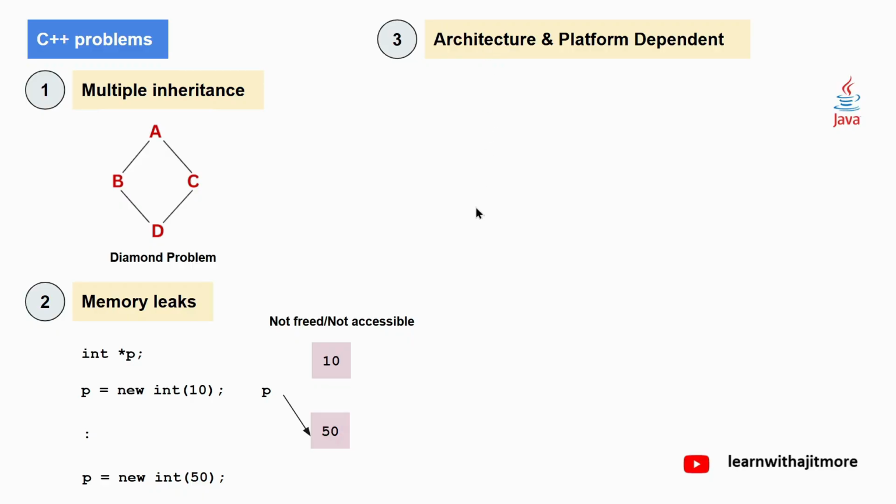Architecture means what your processor is, whether you have an Intel processor, a Motorola processor, or a Sparc processor. Every processor's architecture is different, so internally their instruction set will be different. Remember, every architecture has its own assembly instruction set.